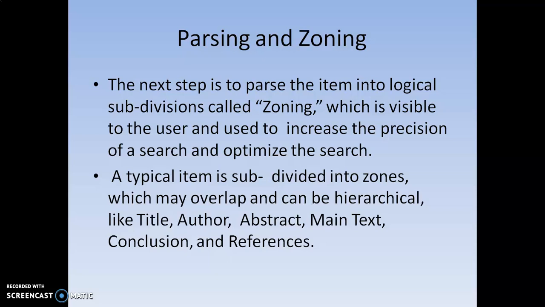Like that, the entire document will be zoned, or differentiated from one part to another, for optimizing the search. So zoning means we are separating the components of the document like title, author, abstract, main text, conclusion and references. This feature is called zoning. Zoning is very helpful to optimize the search and to improve its quality.